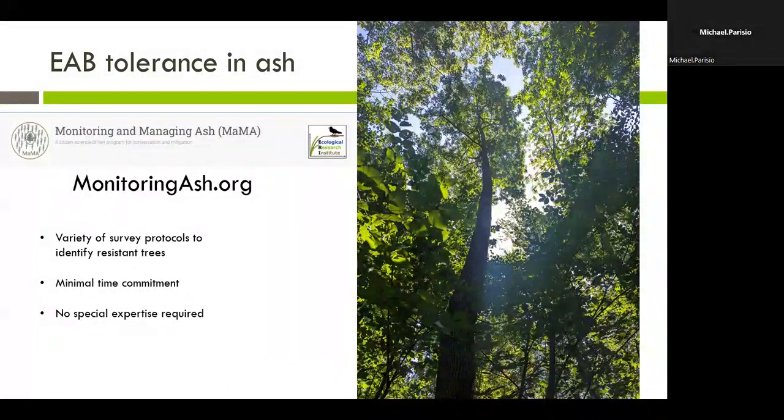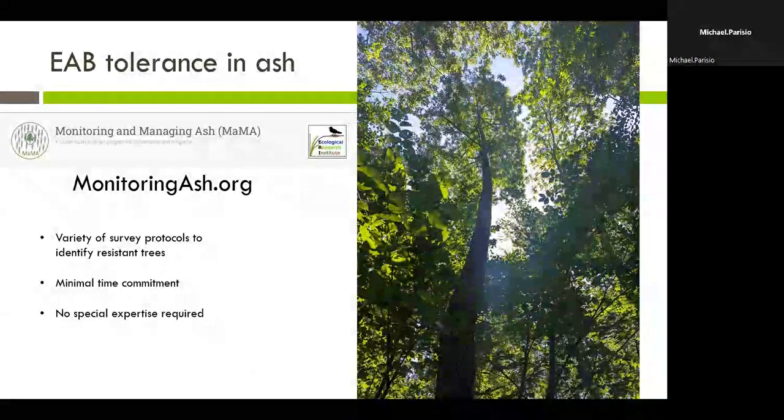In New Hampshire, we worked with an organization called the Ecosystems Research Institute based out of New York, where they have an ash monitoring program where they've developed several survey protocols that they're encouraging landowners to go out and establish on their own, creating their own monitoring sites, where you can try and identify some of these tolerant trees and then get in touch with the people who are doing the breeding programs to get them some of these tolerant trees to use.